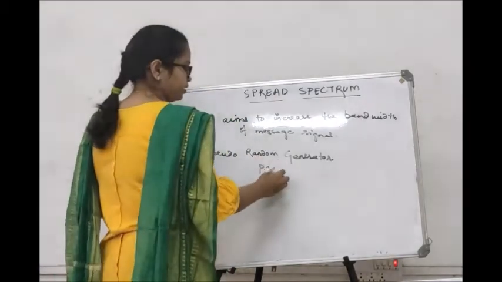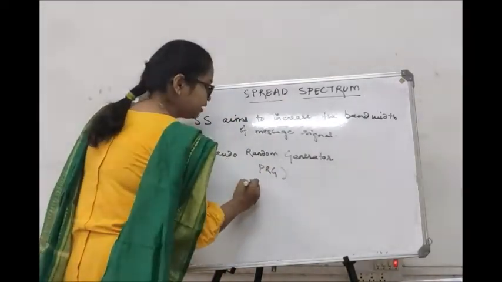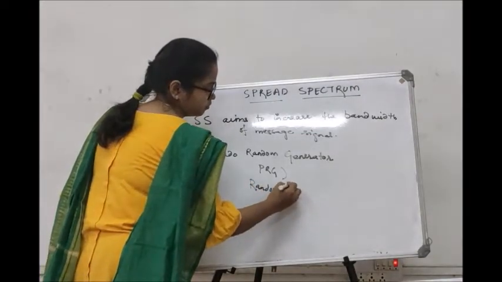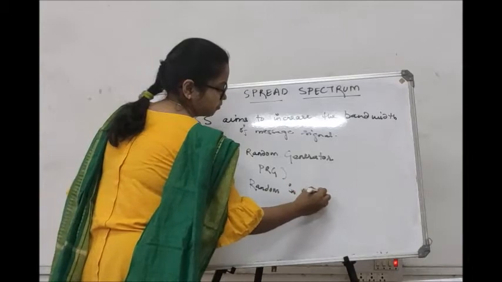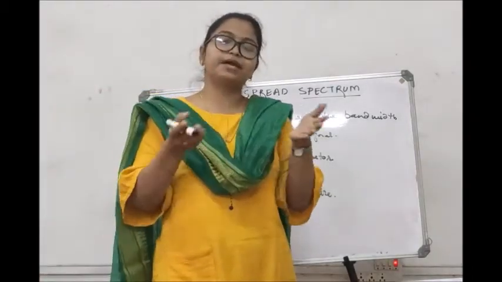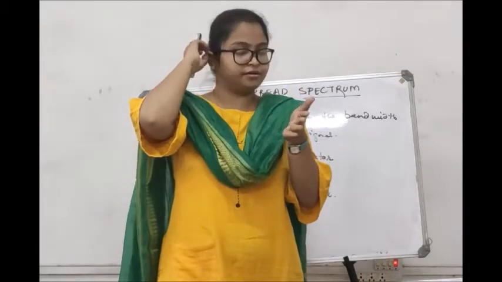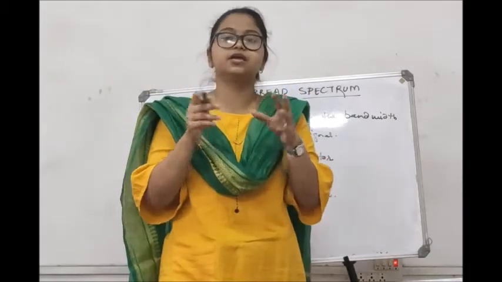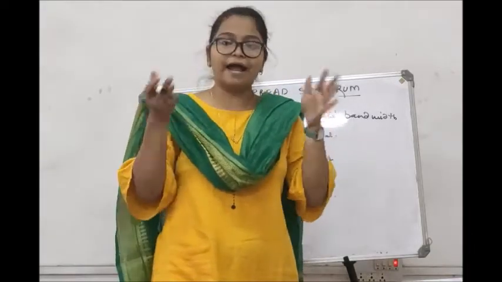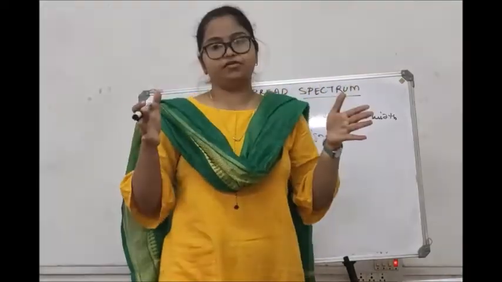So this is random in nature. So how to increase the bandwidth? By adding pseudo random generator signals, which are random natured signals. We add them to increase the bandwidth.